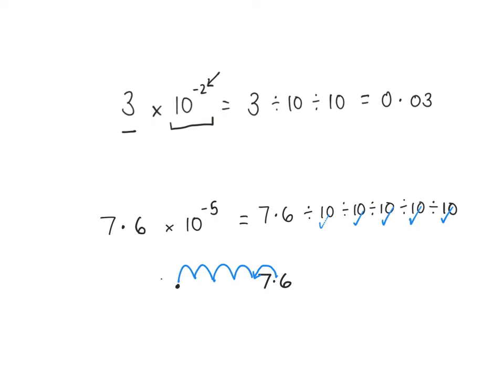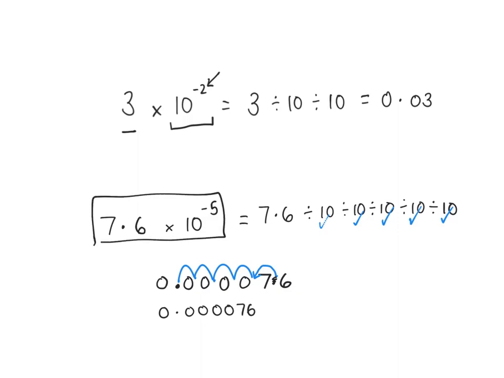And then I'm going to fill in all these bumps, because that's how many times I moved the decimal place. Now, because I've moved the decimal place, that's not going to be there anymore, and I'm going to rewrite that number: 0.000076. So this sum here actually stands for this number.